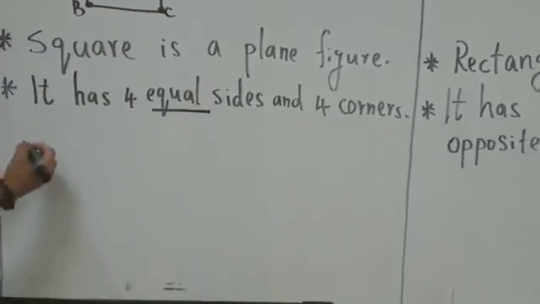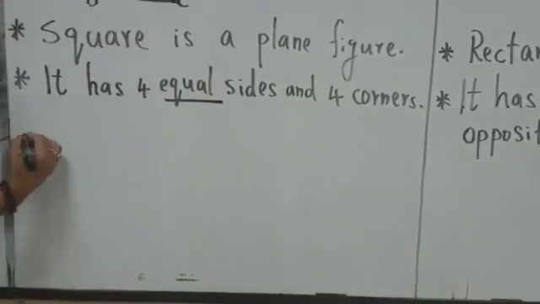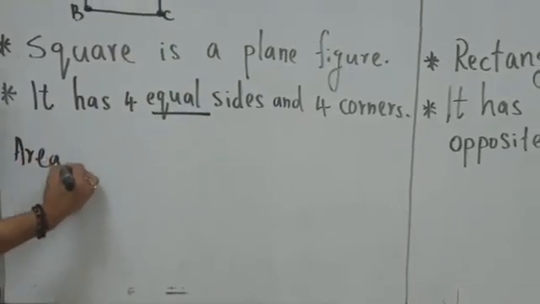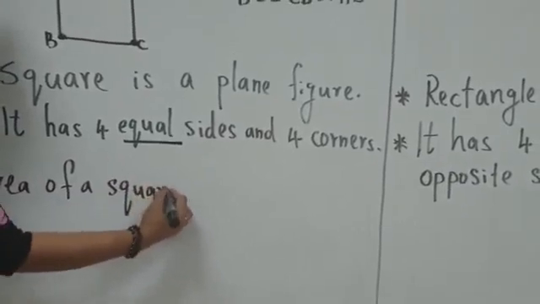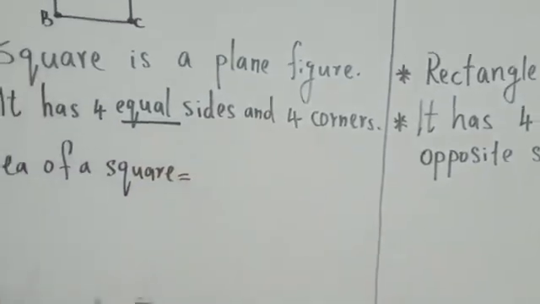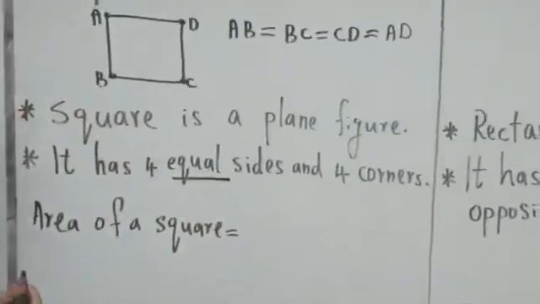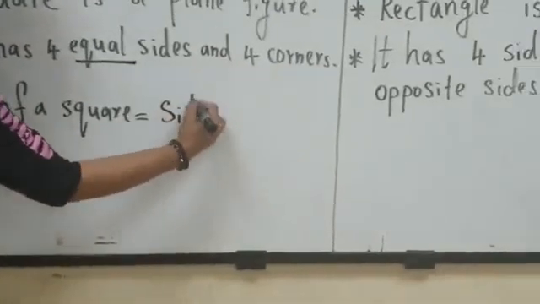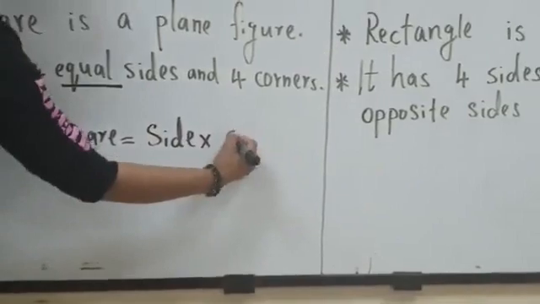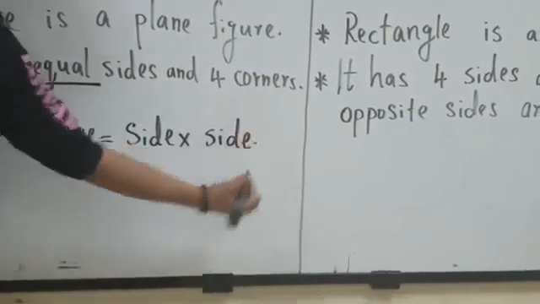Now, to find out the area of a square, there is an equation. Since all the sides are equal, we can write the equation like this: side multiplied by side.